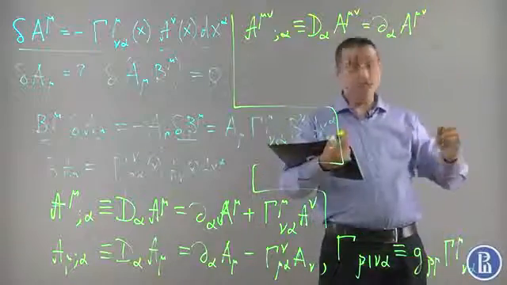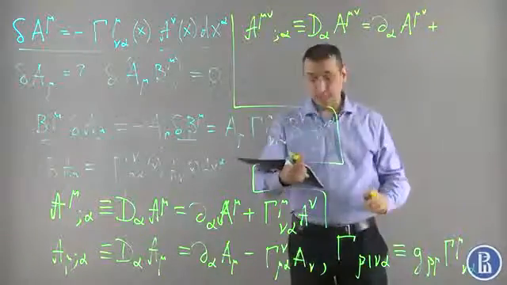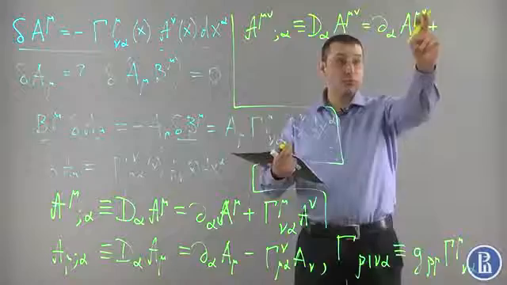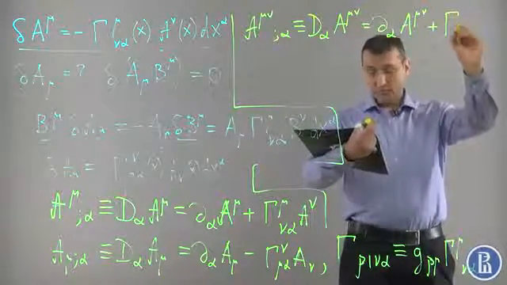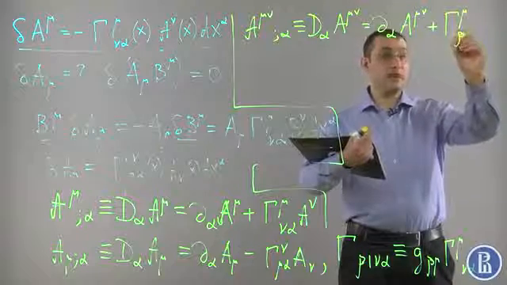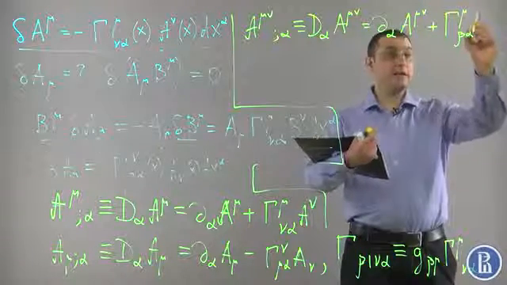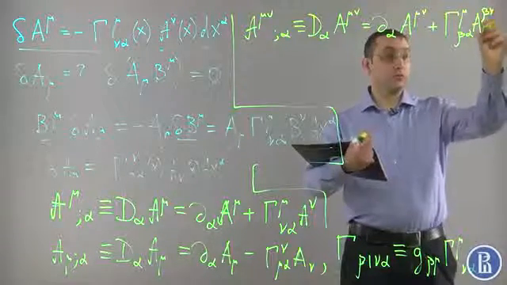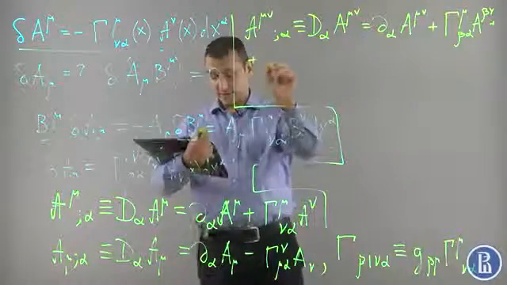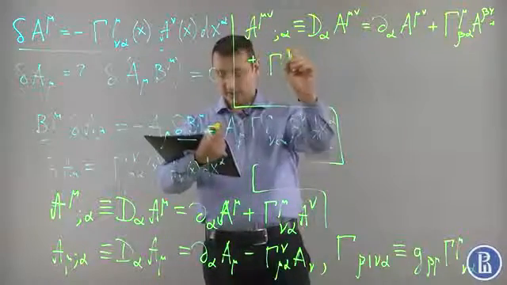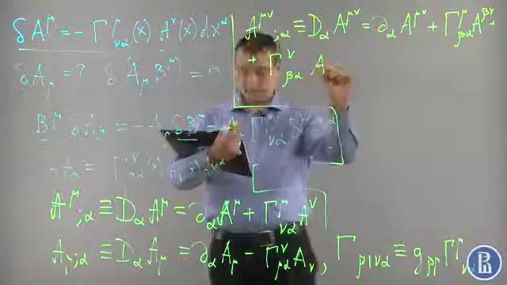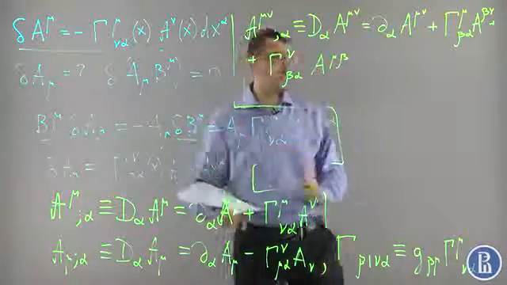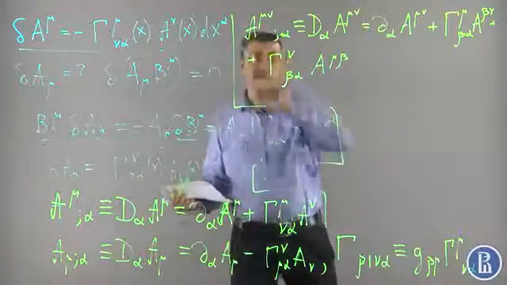And then I, of course, have to apply Γ to both indices separately. So it's Γ^μ_βα A^βν plus another application to a different index, Γ^ν_βα A^μβ. So this is the rule for this tensor.